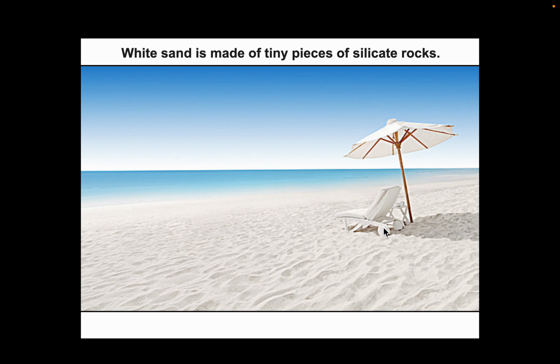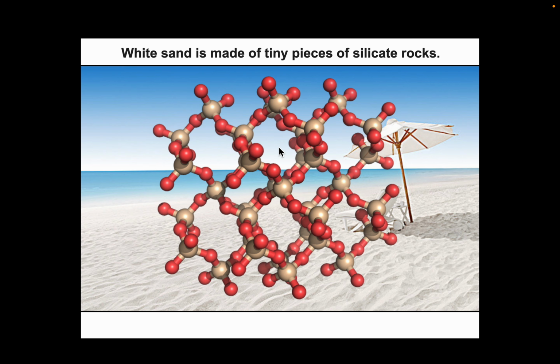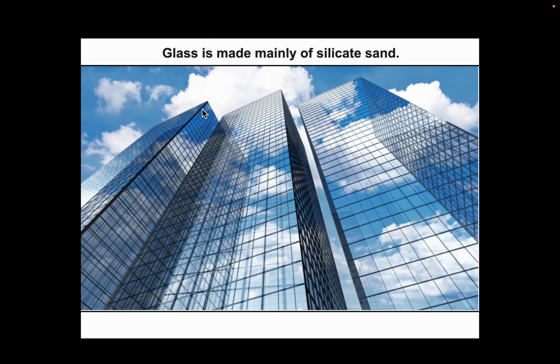Pretty cool, huh? White sand is made of tiny pieces of silicate rocks. So here is an image, silica. Glass is made mainly of silicate sand. Pretty interesting, huh? Sand and glass are the same thing, silica.